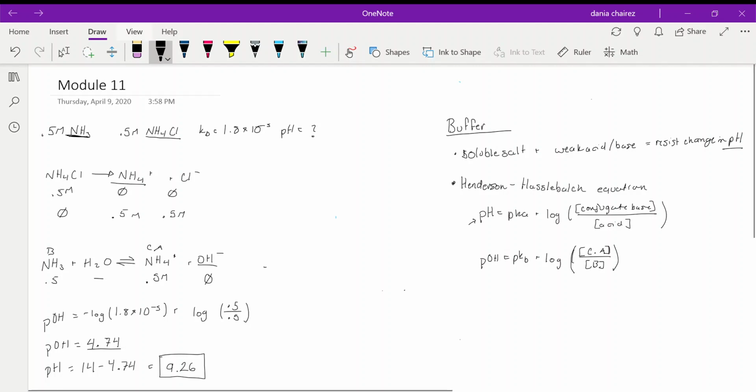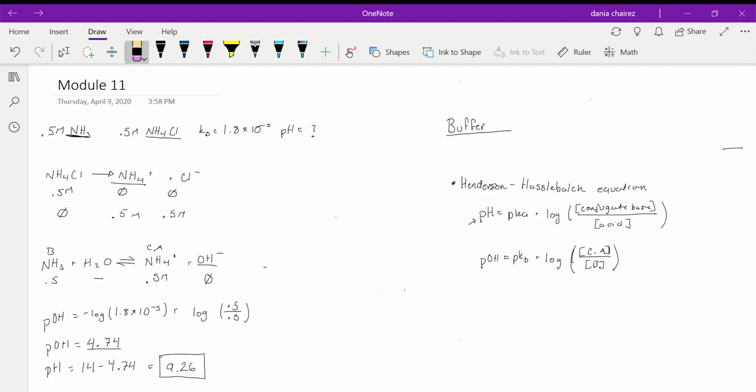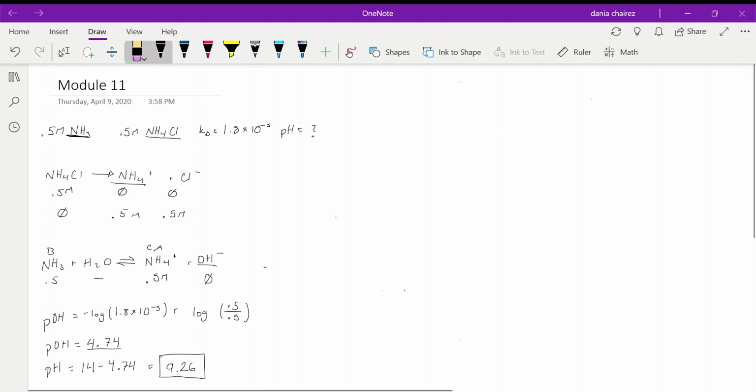So then I'm going to erase this part now. But let's say we wanted to build upon the problem that we just did. So let's say that in this buffer solution, we are now adding 0.01 moles of HCl to 100 mils of the buffer solution we just did.